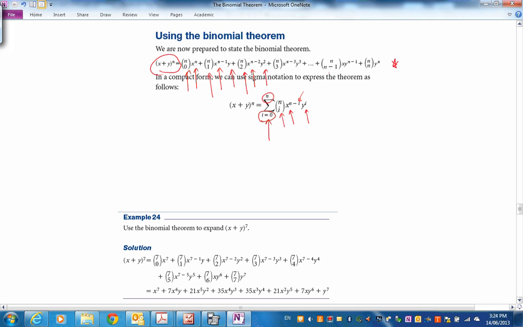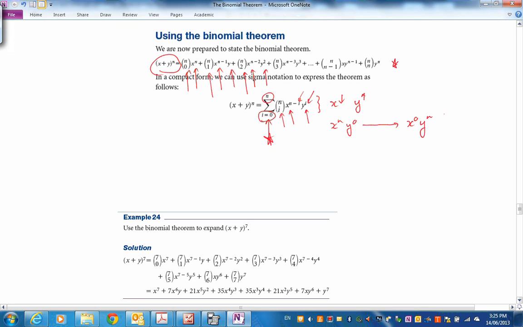So this is a way of ensuring the x term power goes down, the y term power goes up. The x term starts at x to the n and y to the 0, that's why y is i. We're starting at i is 0, and we go right through until x is 0 and y goes to n.